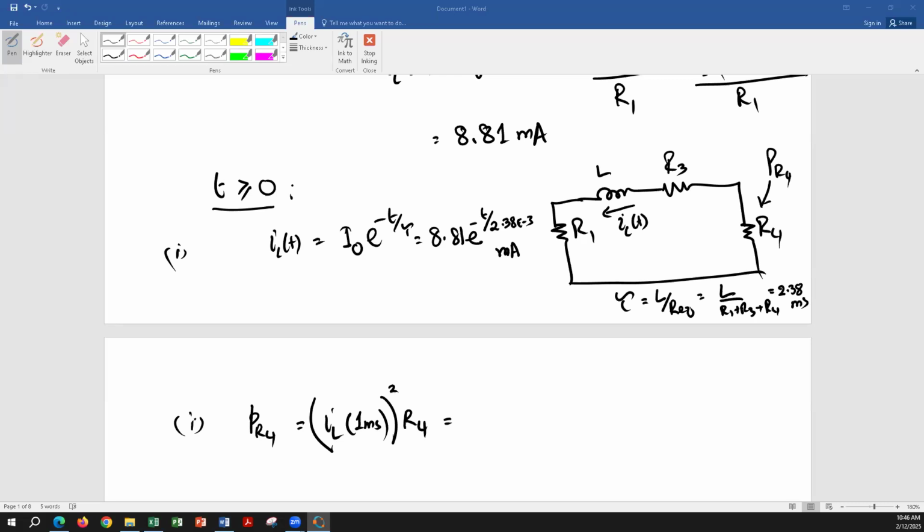So P R4 is I naught times exp of negative t over tau, squared, times R4. That is 13.73 milliwatt.